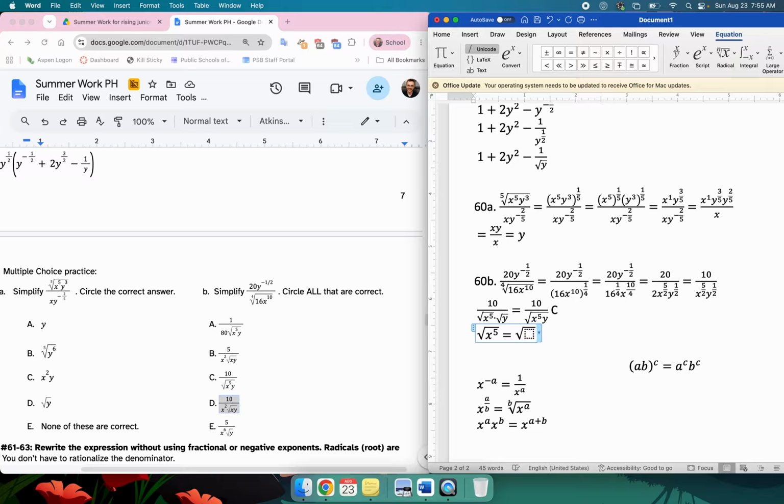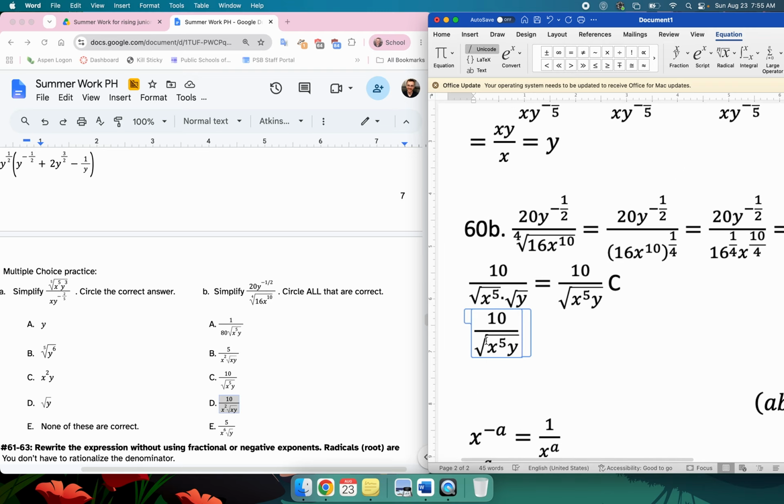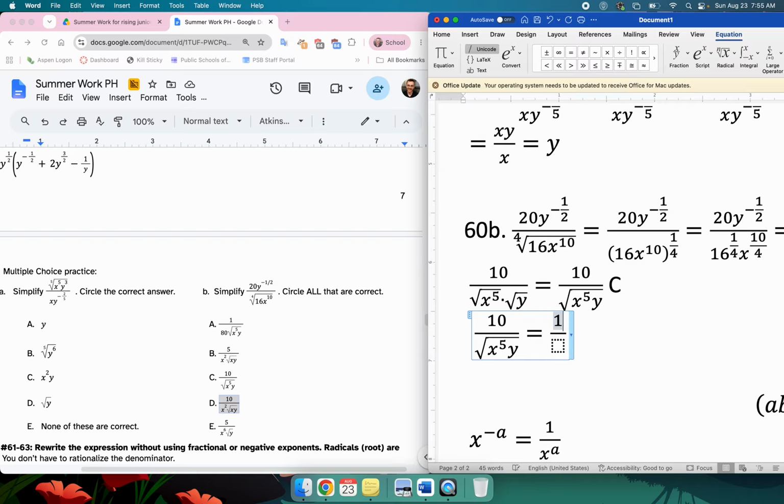You can do the same thing with the denominator of our current expression, because we have x to the 5th y. Let's just think about that denominator. X to the 5th can be rewritten as x to the 4th times x to the 1, or just x, times y.